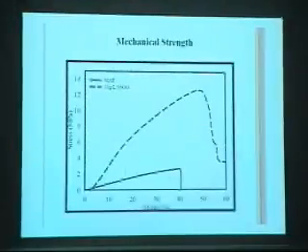If we can see here, this is the mechanical strength of the BC produced without SSGO, and this is the mechanical strength of BC produced with SSGO. So the tensile strength of BC produced with SSGO was about 5 times higher, and its Young's modulus was about 1.5 times higher than the BC produced without addition of SSGO.